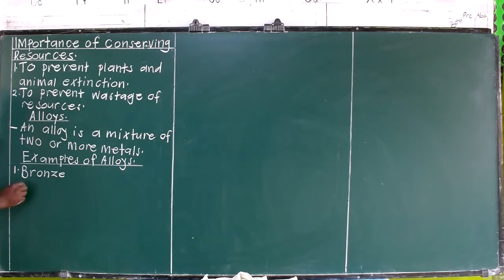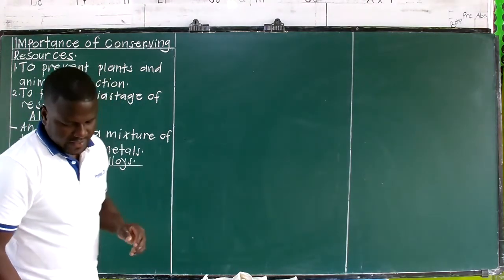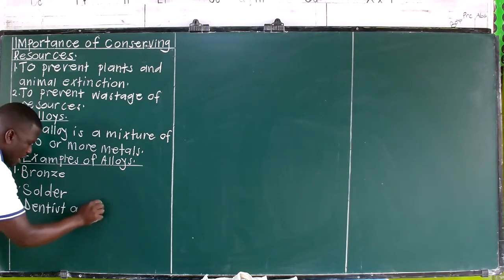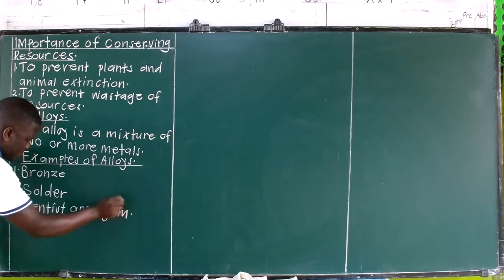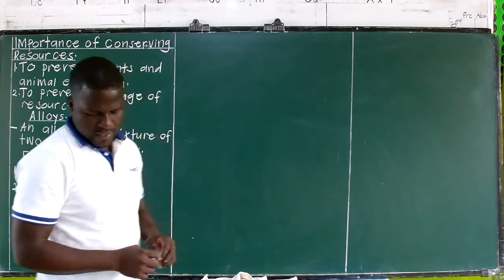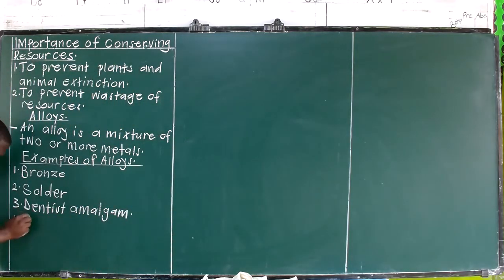Then number two, we have solder. Then we have dentist amalgam. Number four, we have steel. Then number five, we have brass.